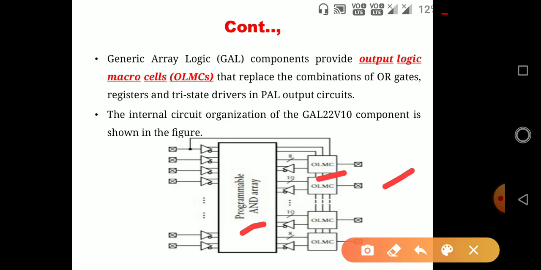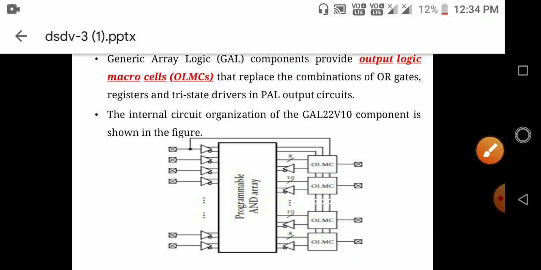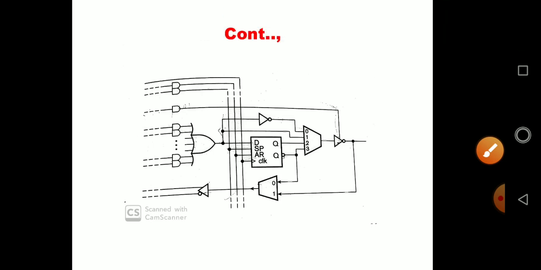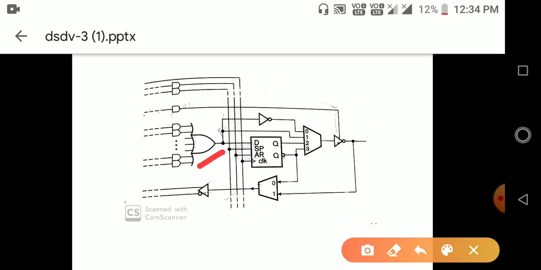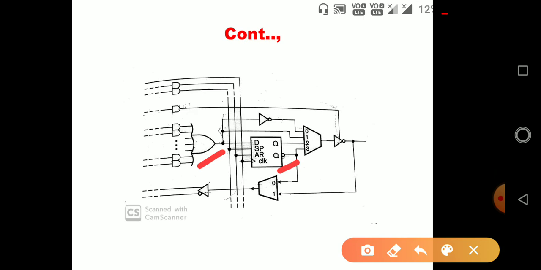And what is there in the single OLMC, let us see. A single OLMC consists of a programmable OR gate, register, multiplexers and input buffers.